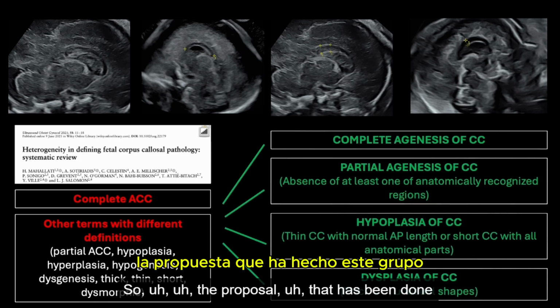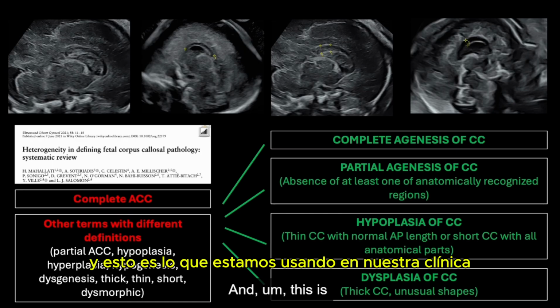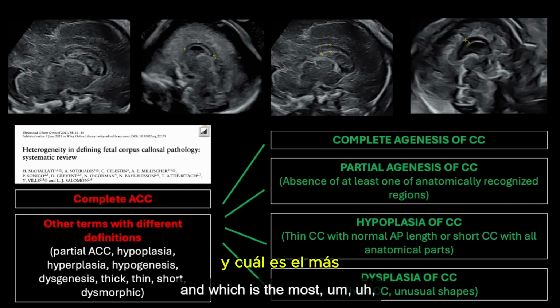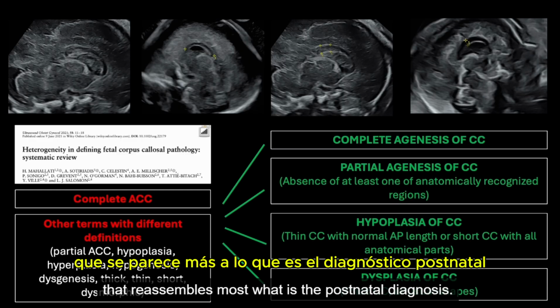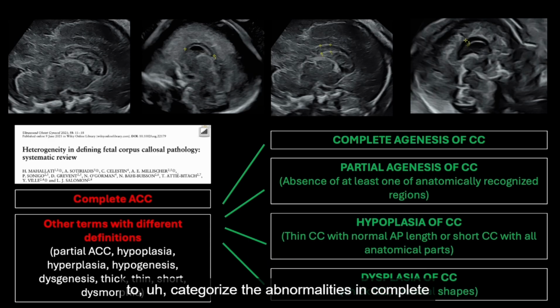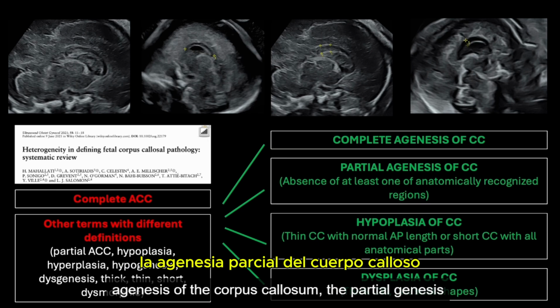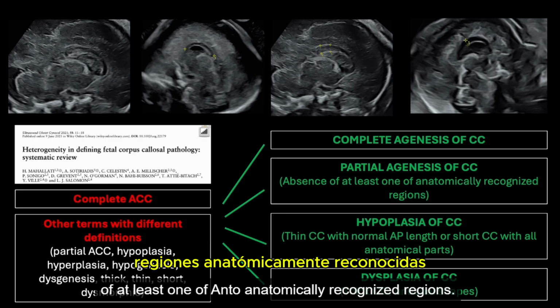So the proposal that has been made by this group, and this is what we are indeed using in our clinic, and which resembles most the postnatal diagnosis and classification of corpus callosum anomalies, is to categorize the abnormalities into complete agenesis of the corpus callosum, and partial agenesis, meaning that there is an absence of at least one of the anatomically recognized regions.